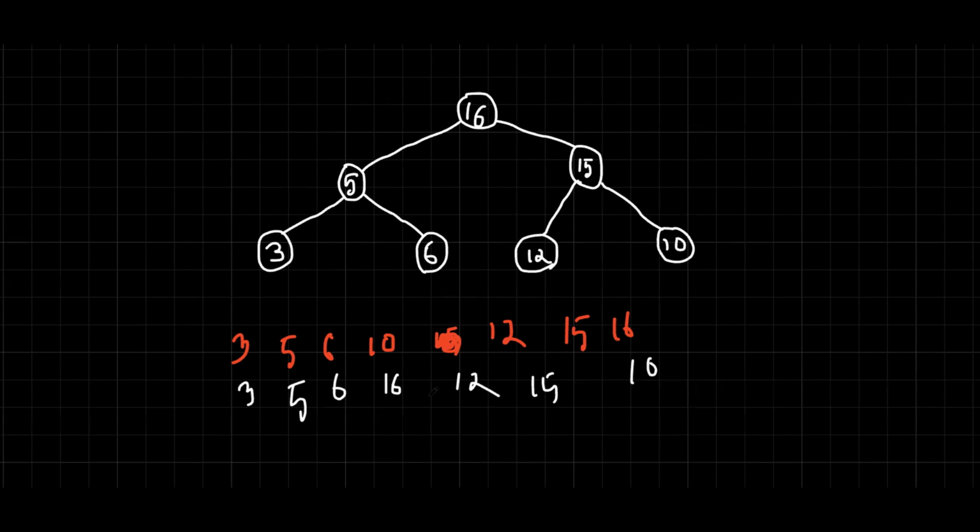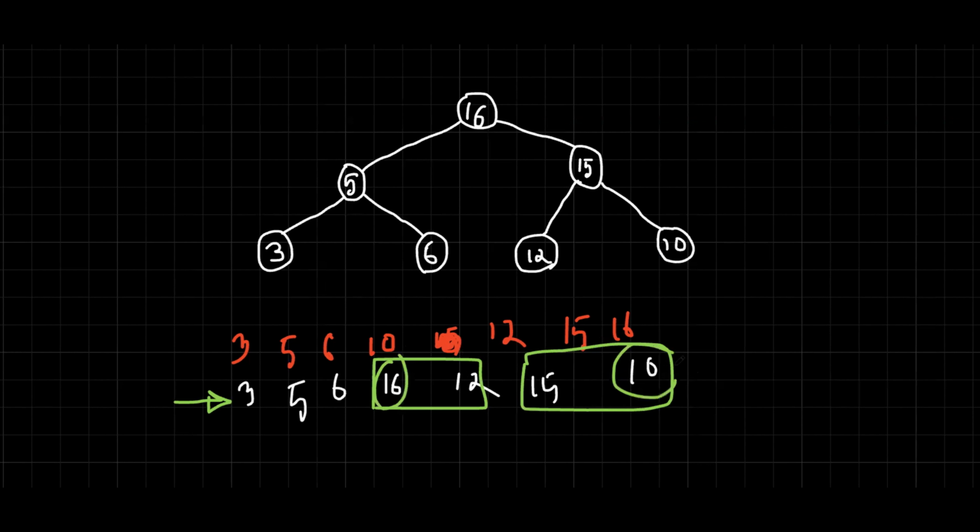The basic difference is the second list is not sorted, because here 12 is less than 16 and 10 is less than 15. So both of the values 16 and 10 violate the sorted order.